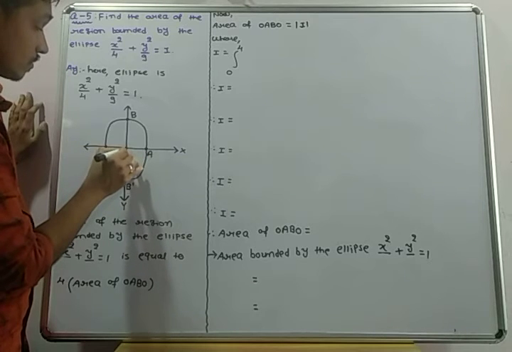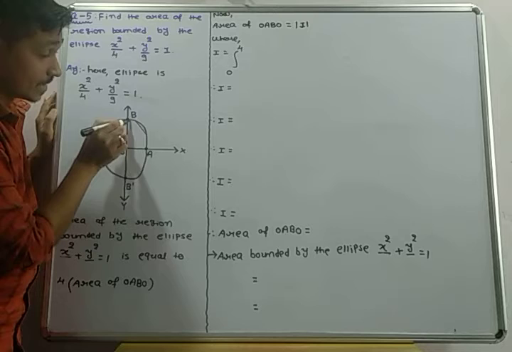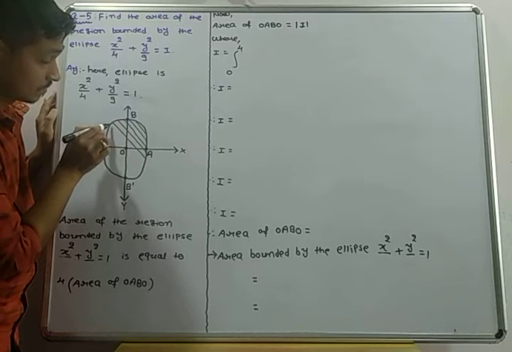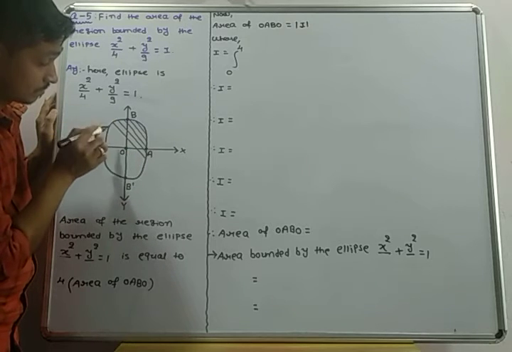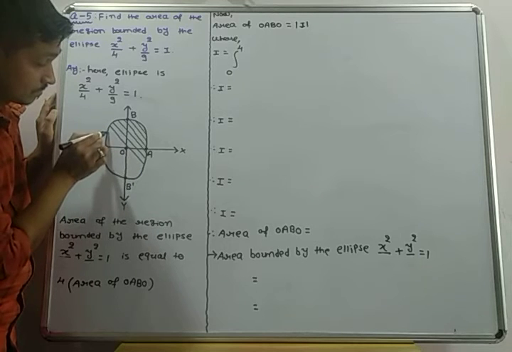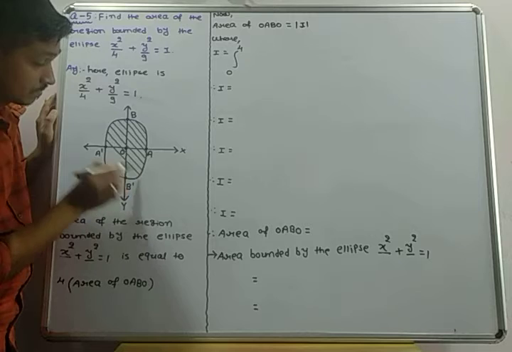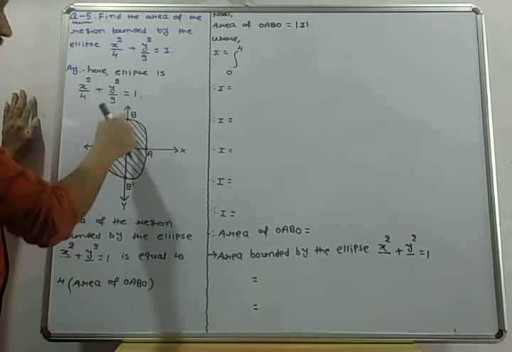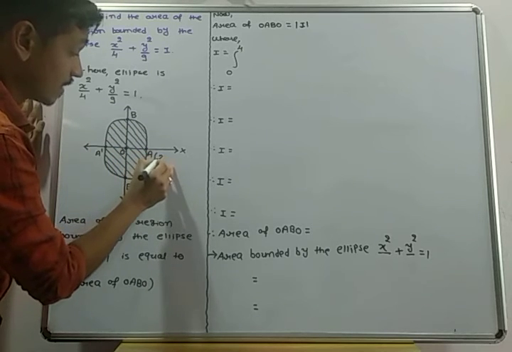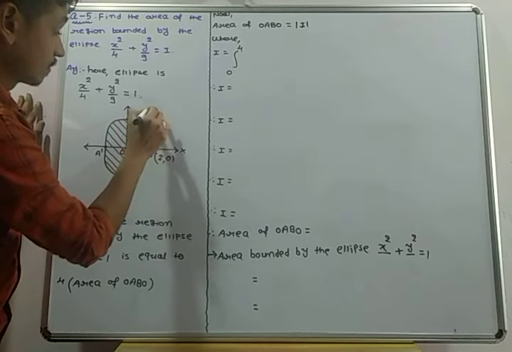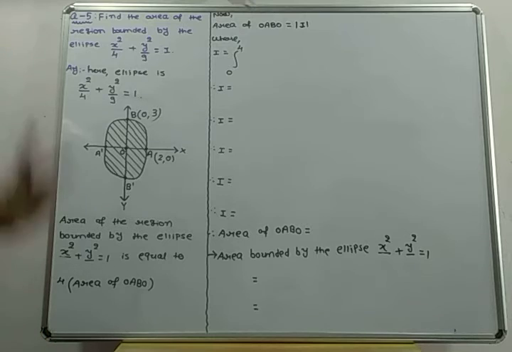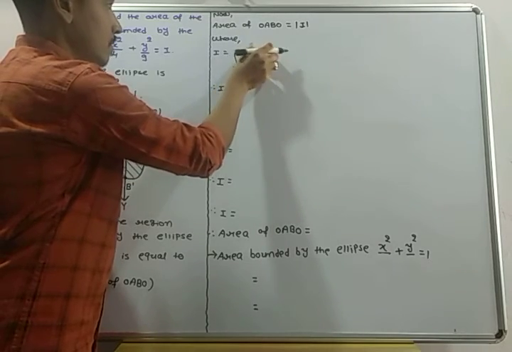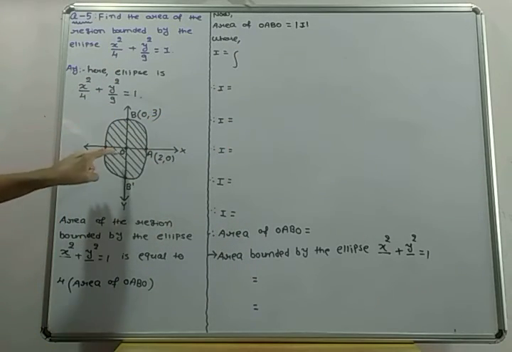This is O, and this part is the area bounded by the ellipse. Same OABO: point A is 2, so 2, 0, and point B is 0, 3. In the last sum we took x limits; now we will take y limits. Let's find the area of this part OABO.